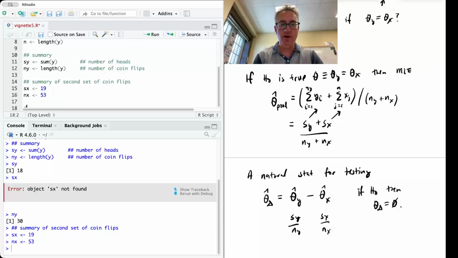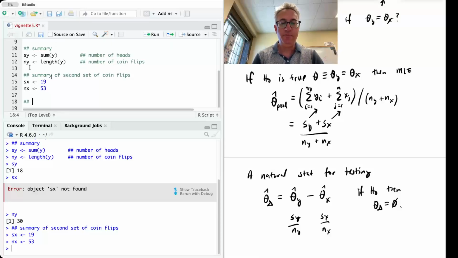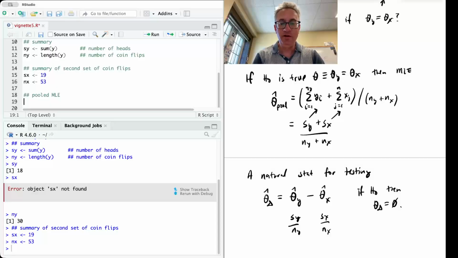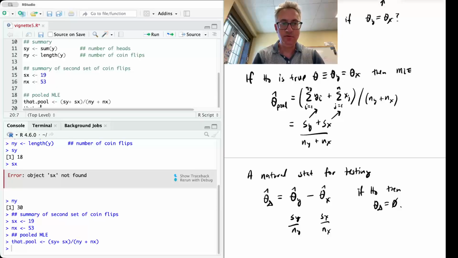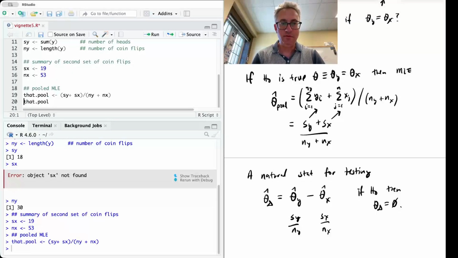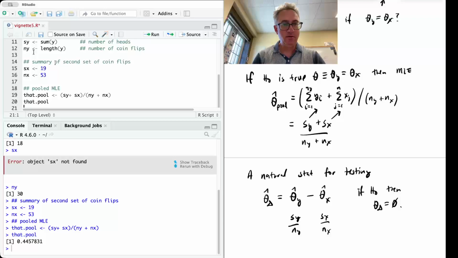And if I wanted to calculate a pooled MLE from that, I'll call it theta hat. I like to call that THAT, or that for theta hat. So theta hat pool is just going to be SY plus SX divided by NY plus NX. Okay, so that's that value.